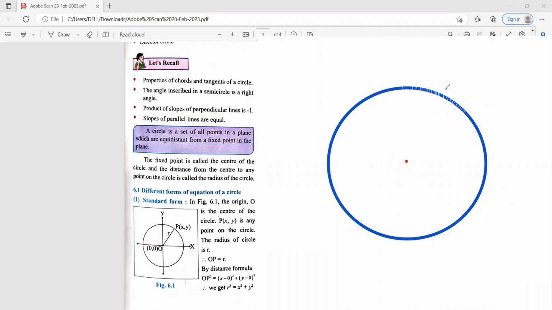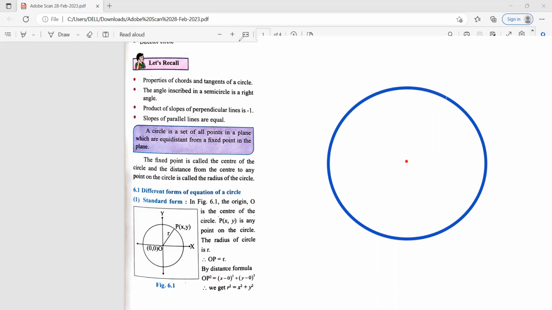But they are all different points. There are infinite points, and those points are so close to each other that you see a continuous curve.